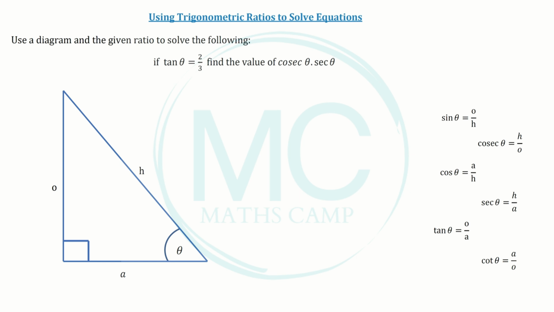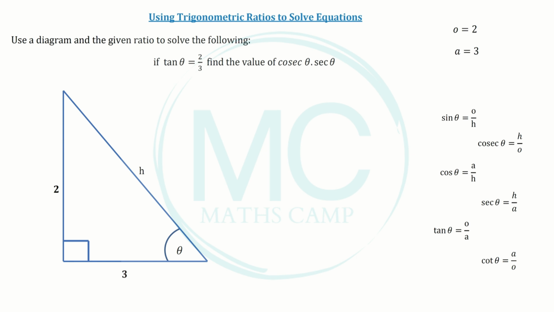Tan theta is equal to the opposite over the adjacent, and in this case, tan theta is equal to 2 over 3. That means that in this example, the opposite side O is equal to 2, and the adjacent side A is equal to 3.